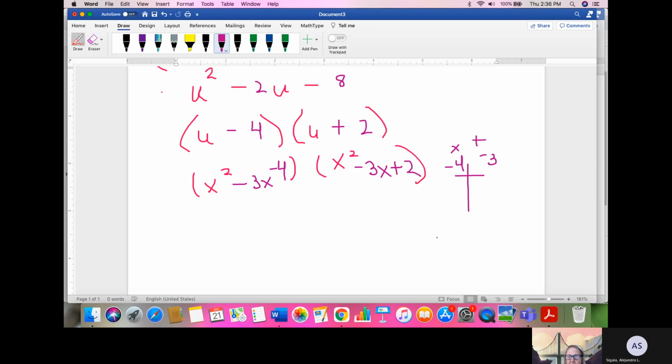So can you tell me those again? I was going to write this out. It will be -4 times +1. That multiplies to give -4, adds to give -3. Mm-hmm. So this would then be x minus 4 times x plus 1. That first one here, this one.